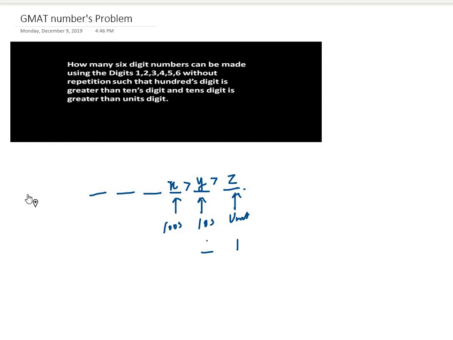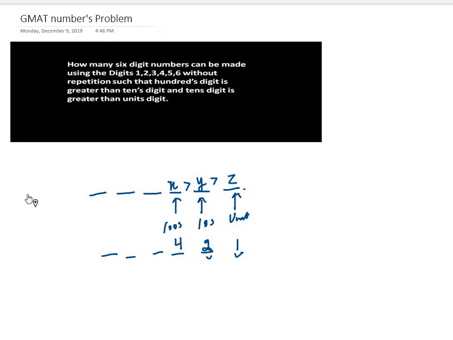Let's say if y is 2 here, then how many values can be there for x? X can have 4 values, any number out of the 4, right? So 3 numbers are already selected. This is fixed, this is fixed, and we have to fill 3 more places.